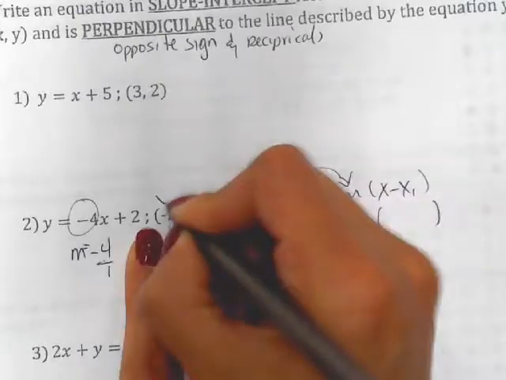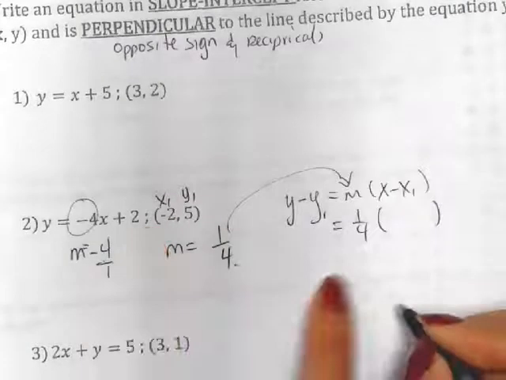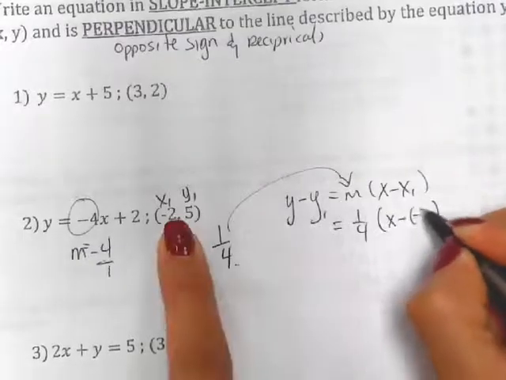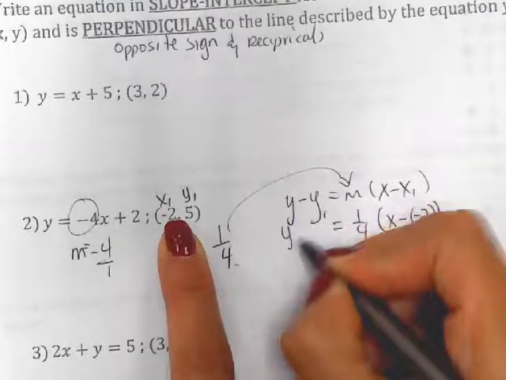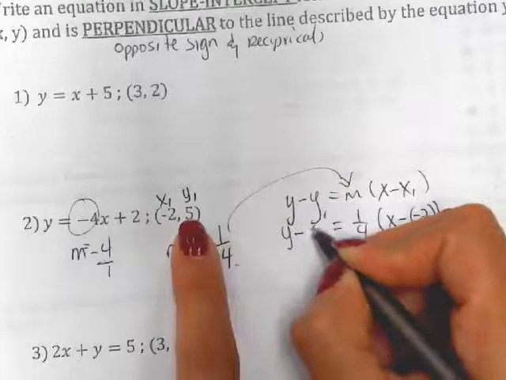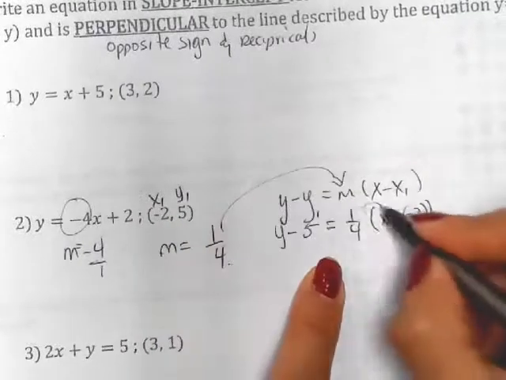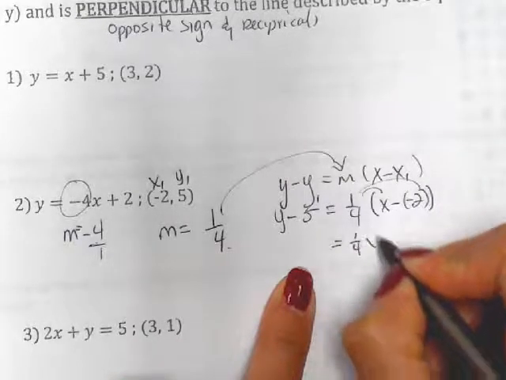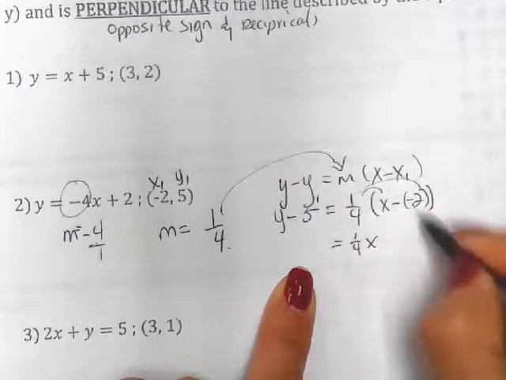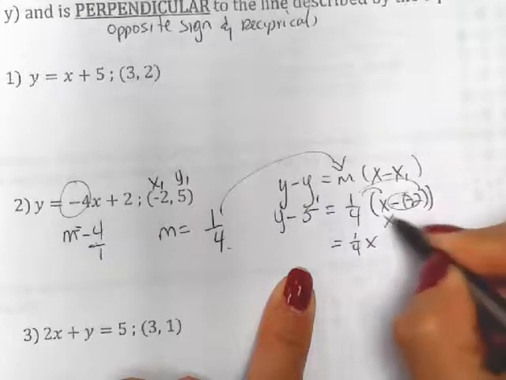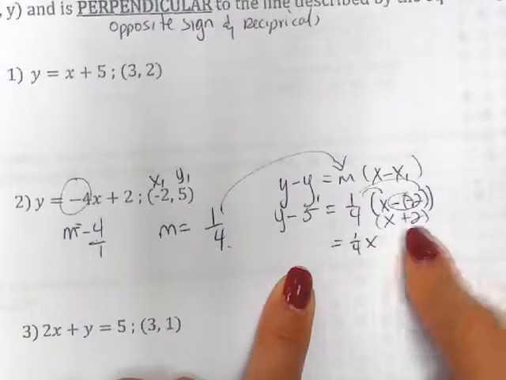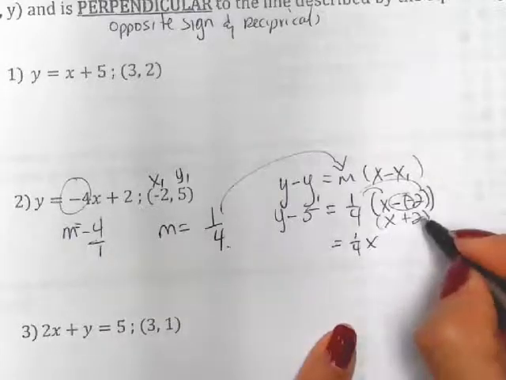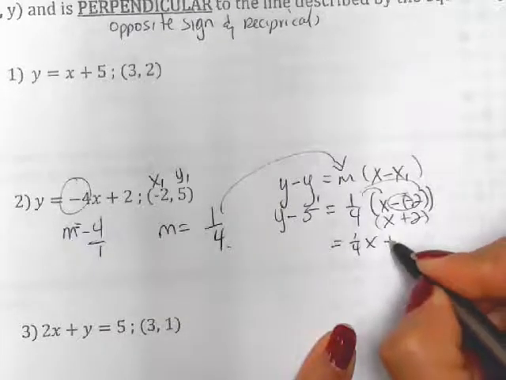And this is our x1, y1. So m is 1/4, (x minus x1), minus a negative 2, then y minus y1, which is a 5. Then you're going to distribute the 1/4. So 1/4 times x is 1/4 x, and 1/4 times, so this was x plus 2, just watch out for that, times a positive 2 would be positive half.